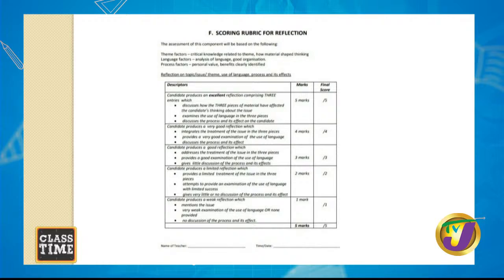Remember, reflection 1, 2, and 3. So you would have had to discuss how the 3 pieces of material have affected your thinking about the issue. That would be reflection 1. You would have had to examine the use of language in 3 pieces. That's reflection 2. And you would have had to discuss the process and its effect. So that would be reflection 3. Very good.